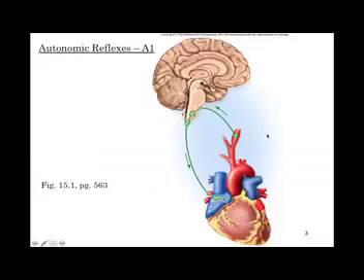Very, very similar. Remember, a reflex arc in general consists of a receptor, a sensory neuron, perhaps an interneuron, perhaps not, and then a motor neuron, and then an effector.